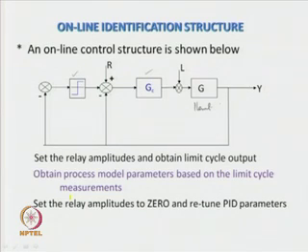In this scheme, to identify the features or the dynamic model of the plant, relay amplitudes are set to some non-zero values, then a limit cycle is induced, and based on the measurements made on the output, the parameters of the controllers are set. R is the reference input and L is the static load disturbance.